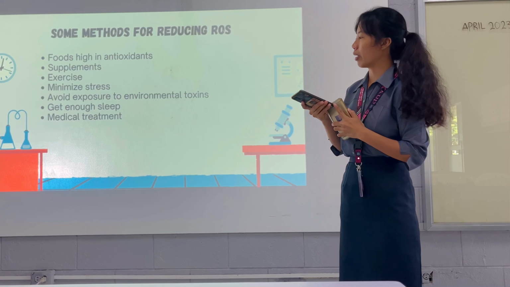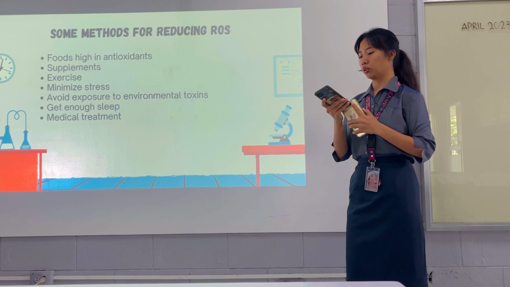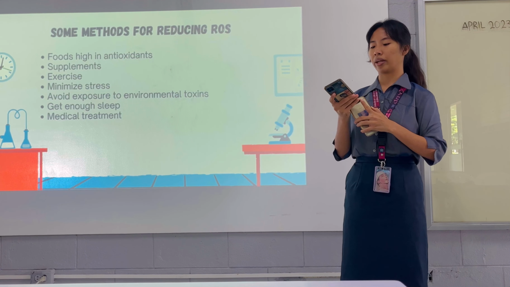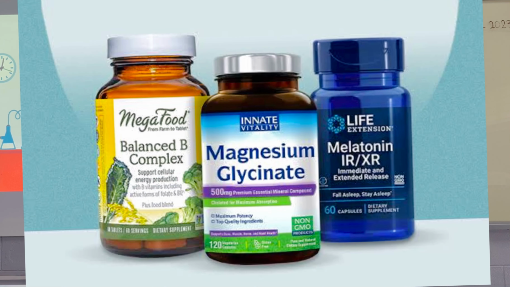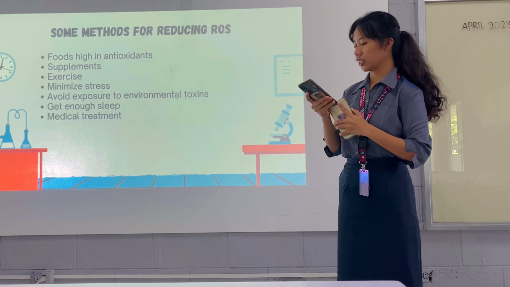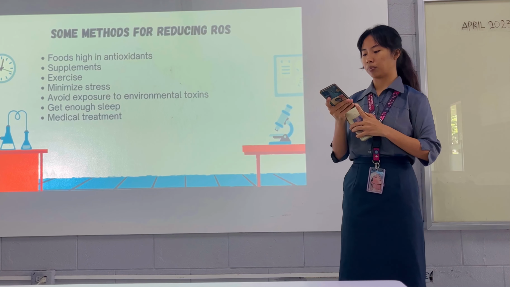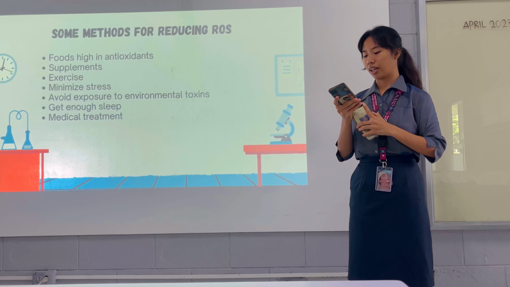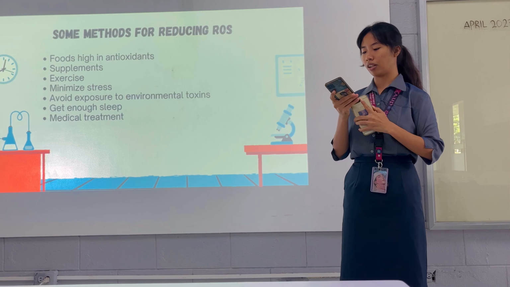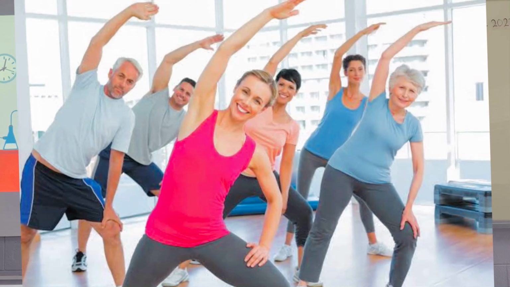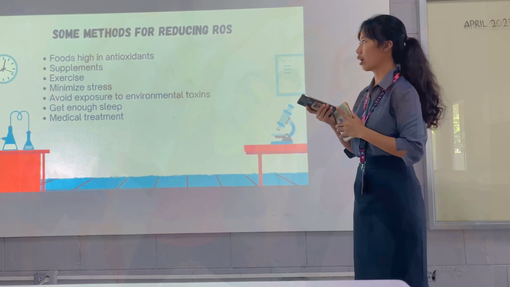Supplements can also reduce ROS in the body, including vitamin C and E as well as selenium. With exercise, we can increase our antioxidant production and enhance metabolic function by exercising regularly to lower the ROS in the body.